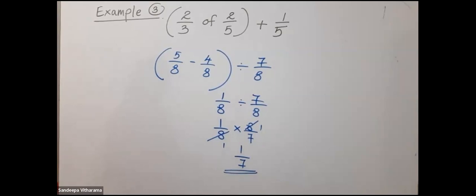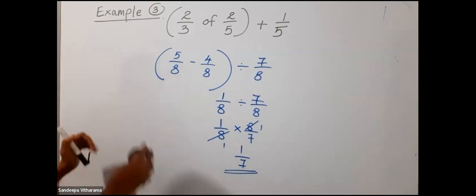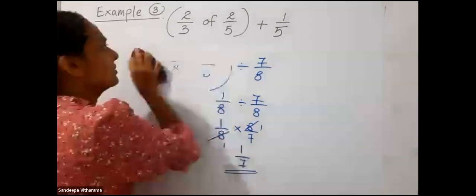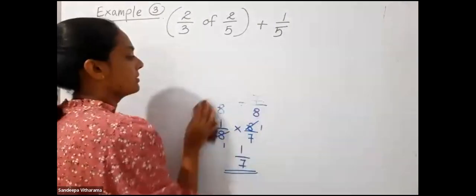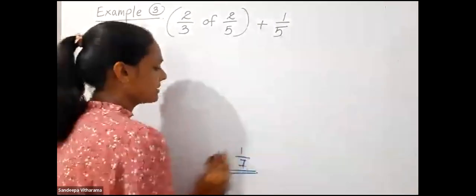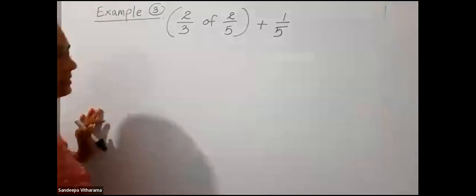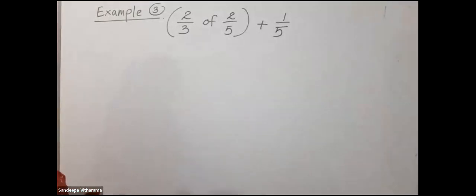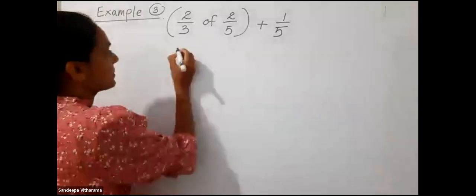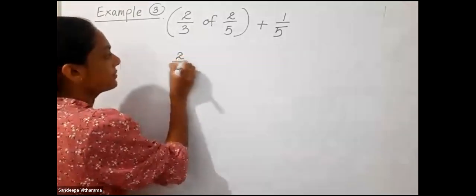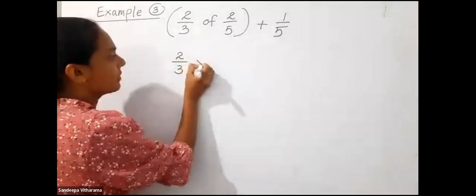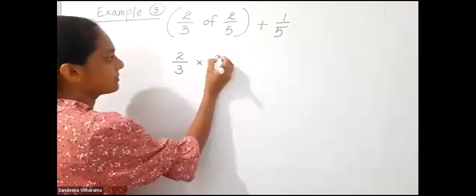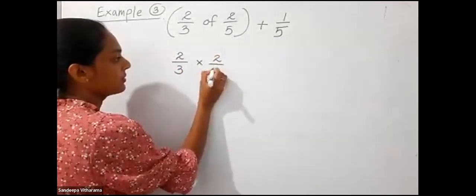What you have to do first. Here also, we have to simplify what is within the bracket. Then here look at how we simplify brackets. Within brackets, it is of. Then of is replaced by multiplication. Then look at here, 2 upon 3, of is replaced by multiplication, 2 upon 5.